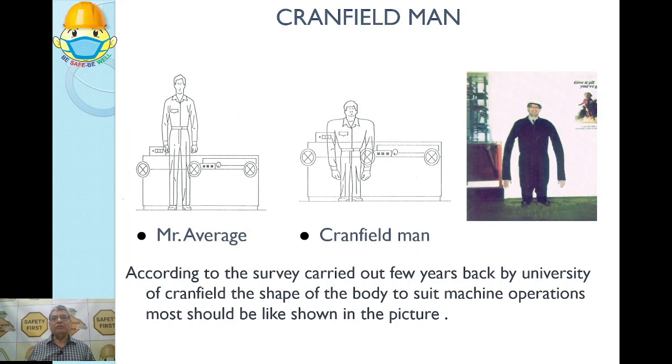What Cranfield University suggested after its study is that if the human being is to be adjusted to the machines designed at that time, then there would have to be very long hands and very short feet to adjust to the machine on which the person is working, and such a man they termed the Cranfield man. According to a survey carried out a few years back by the University of Cranfield, the shape of the body to suit machine operation most should be like that shown in the picture.